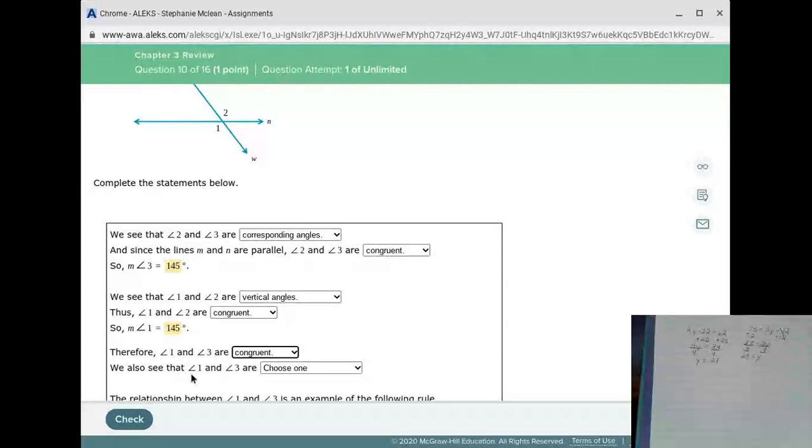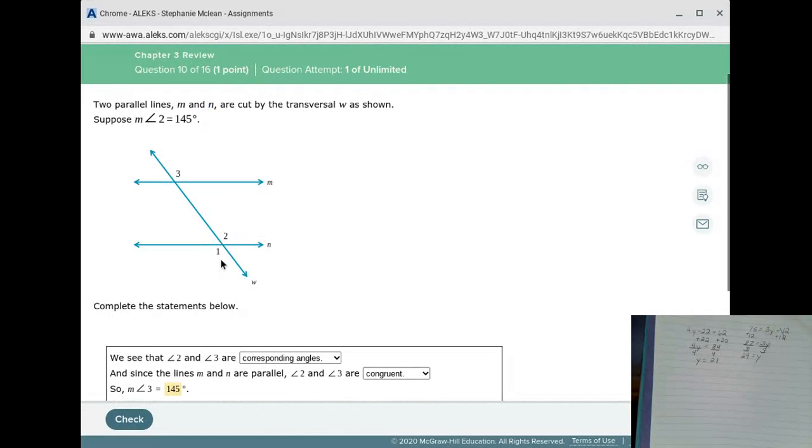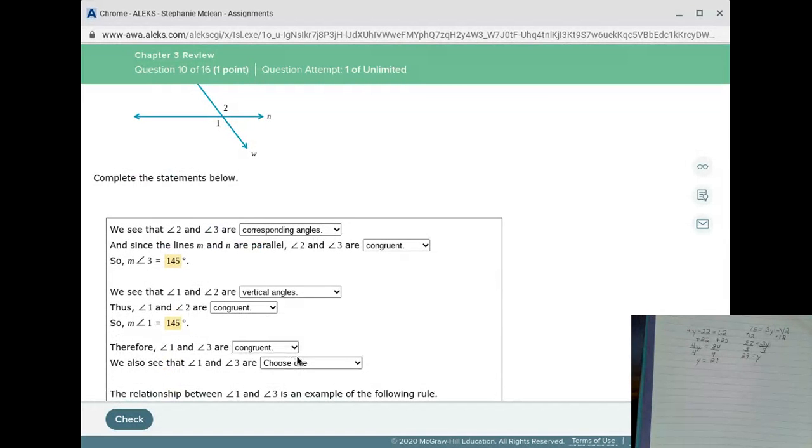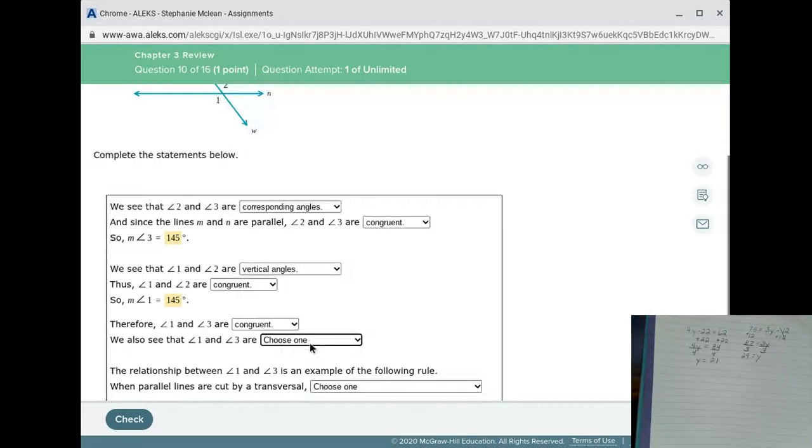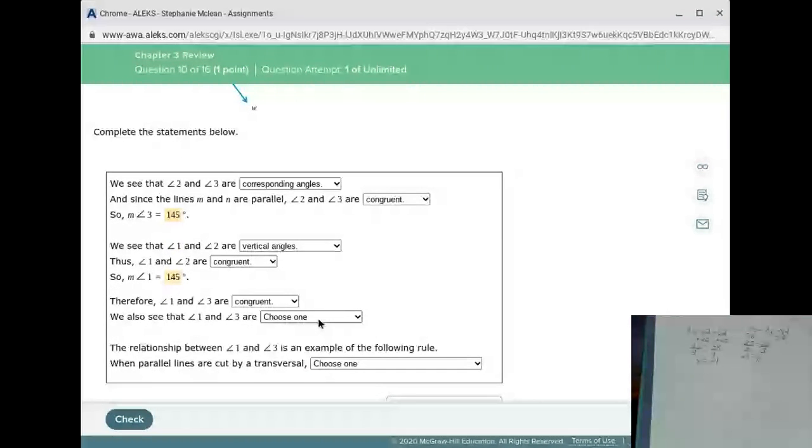We also see that angle 1 and angle 3 are alternate because they're on opposite sides of the line. They're on opposite sides of the line, but they're on the outside of those two parallel lines, so they're exterior angles.